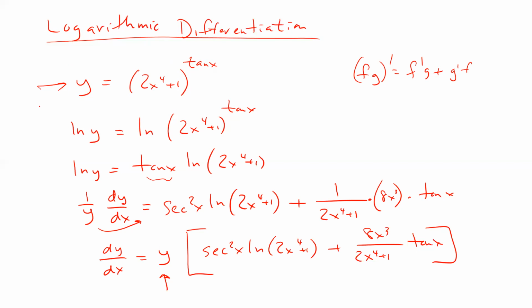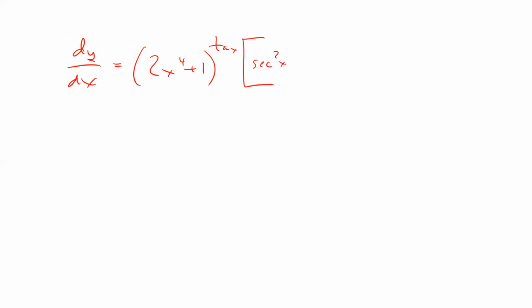Okay, you guys good? Final answer, here it is, dy dx. And I'm just converting back. So this is 2x to the 4th plus 1 to tangent of x, and this whole piece exactly how it was before.